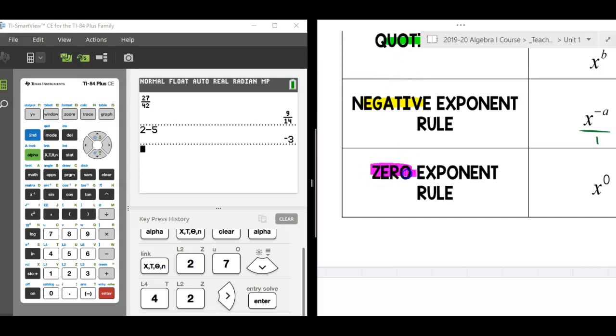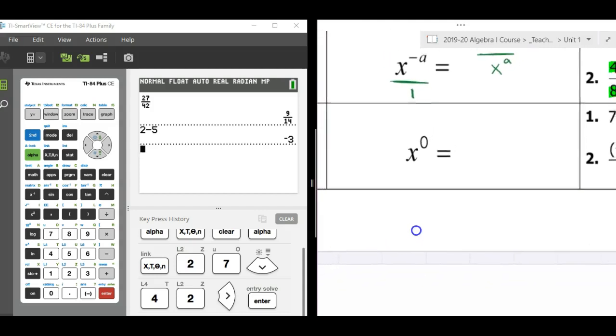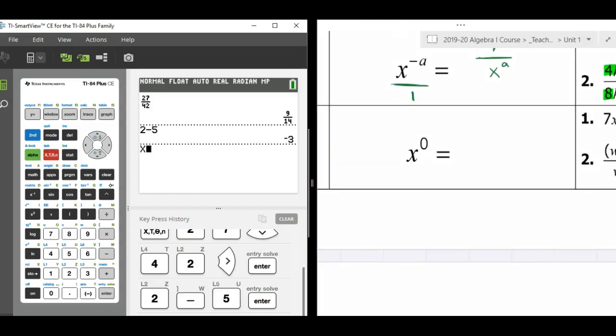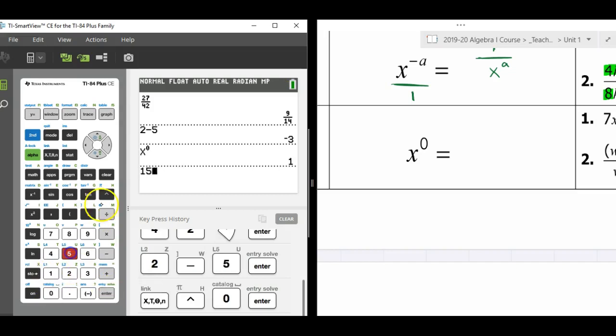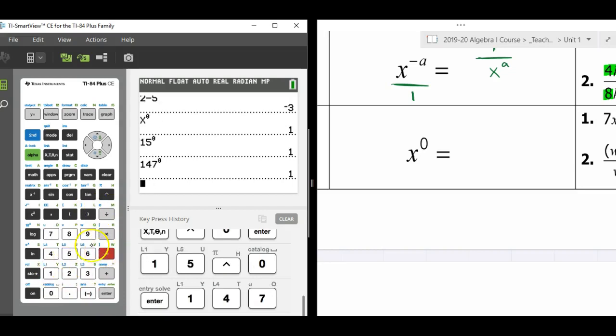And the 0 exponent rule. If you can't remember this rule, just ask your calculator, anything to the 0 power.